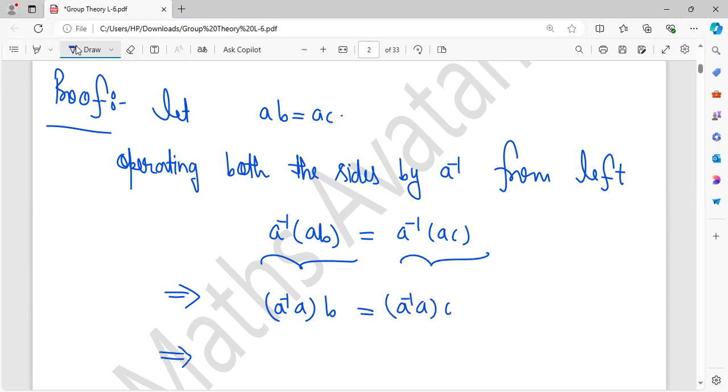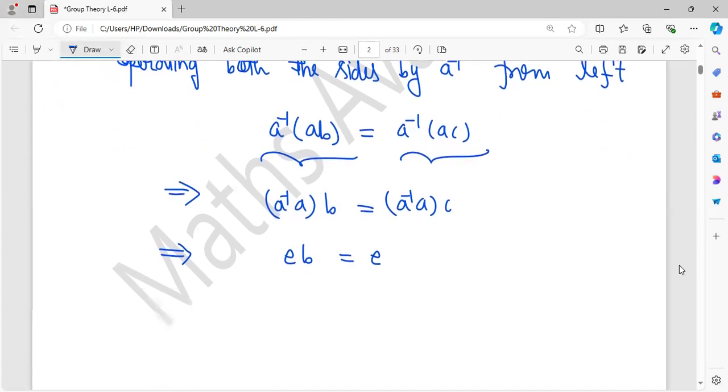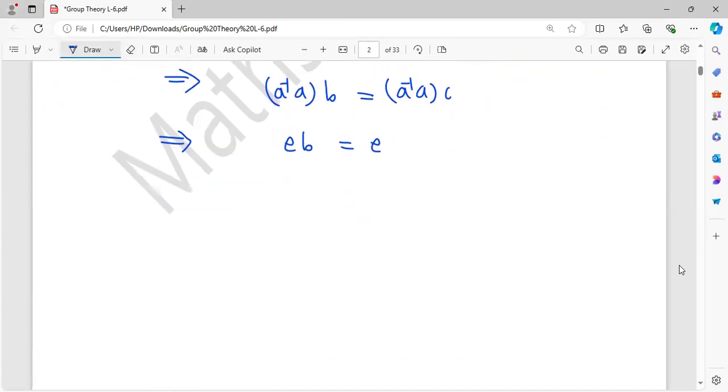But a inverse a is identity, so we can write e b equals e c. So what is this? This is b, since you are operating identity with element b, you will get b. Similarly, here you will get c.